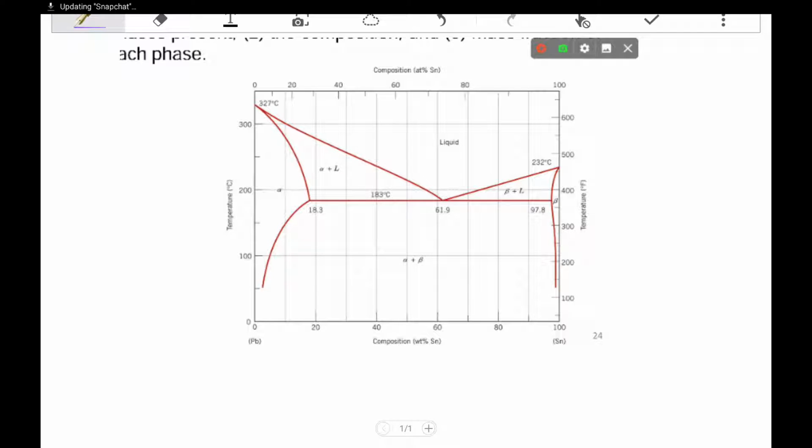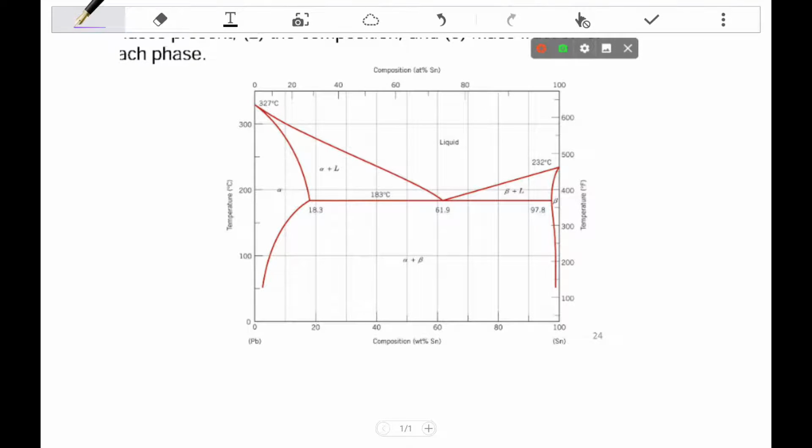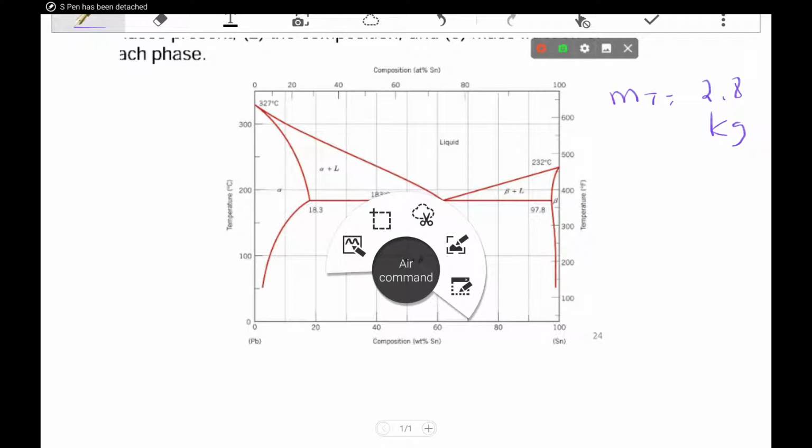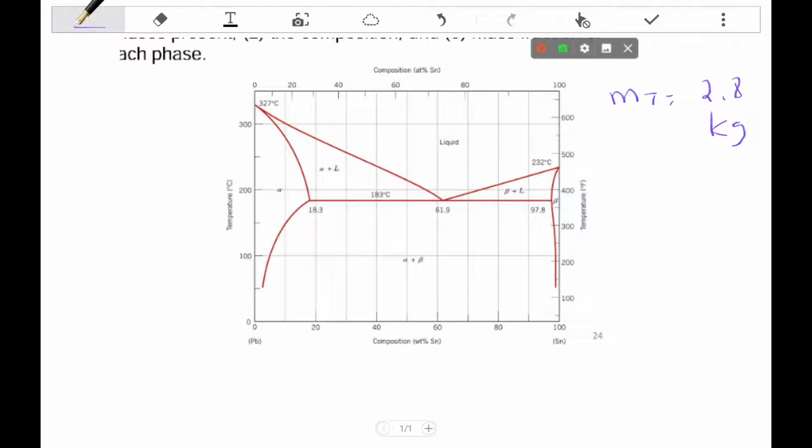And the question says that we have a total mass of 2.8 kilograms, and M beta primary is equal to 2.21, and M beta total is equal to 2.53 kilograms.